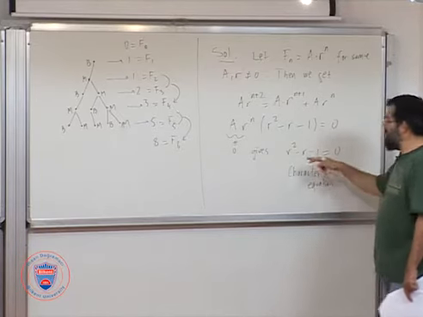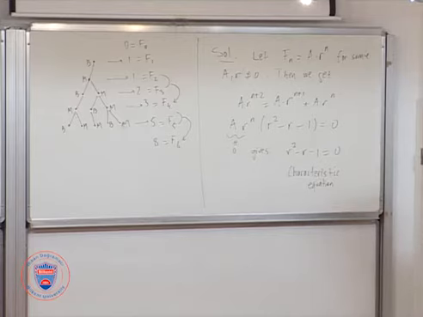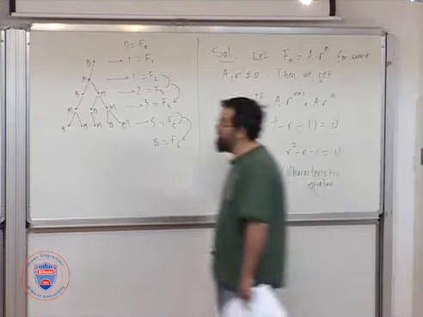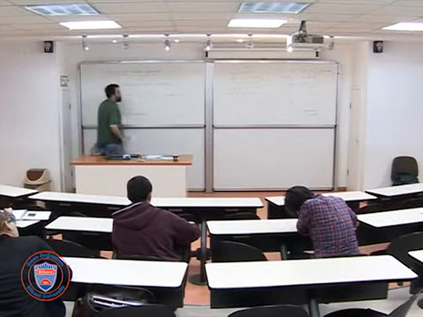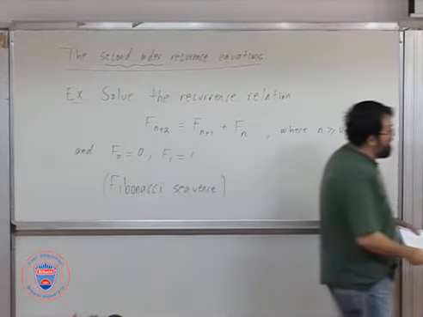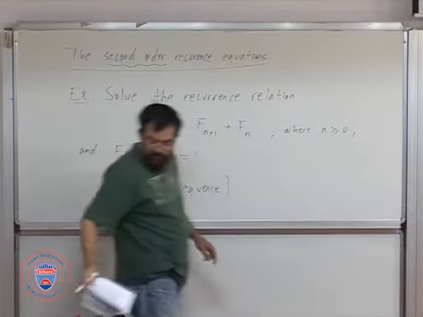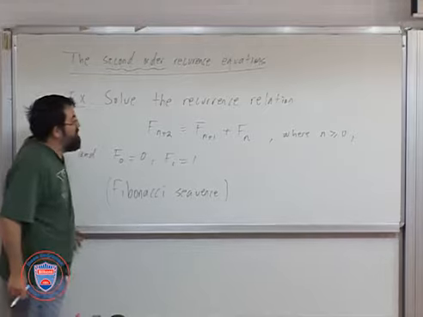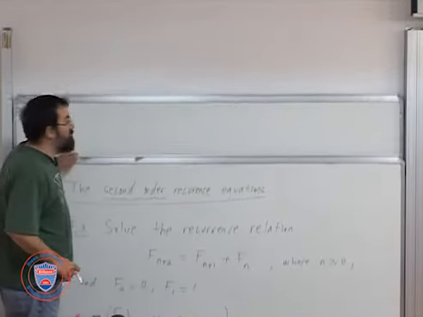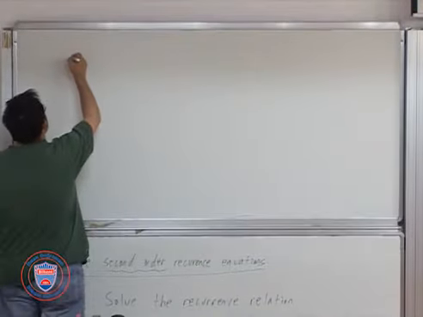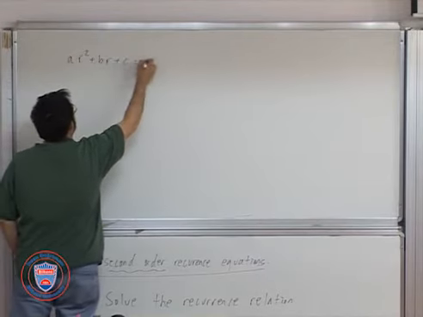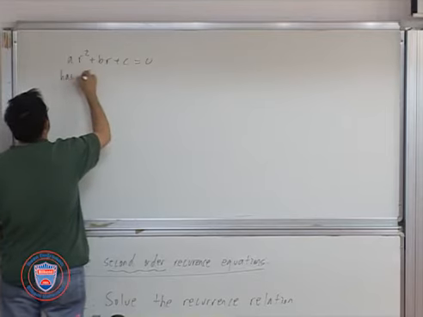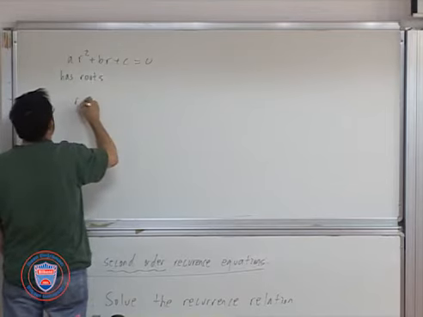This equation is a second order polynomial, a quadratic equation. Because of this being second order, that's why we call these recurrences also second order. Okay? So with a characteristic equation like this, you find its roots. Let me remind you that this has roots r1, r2.